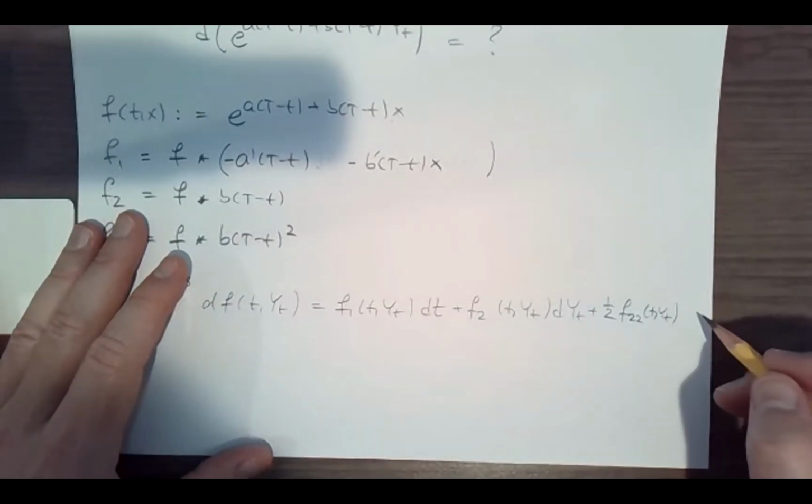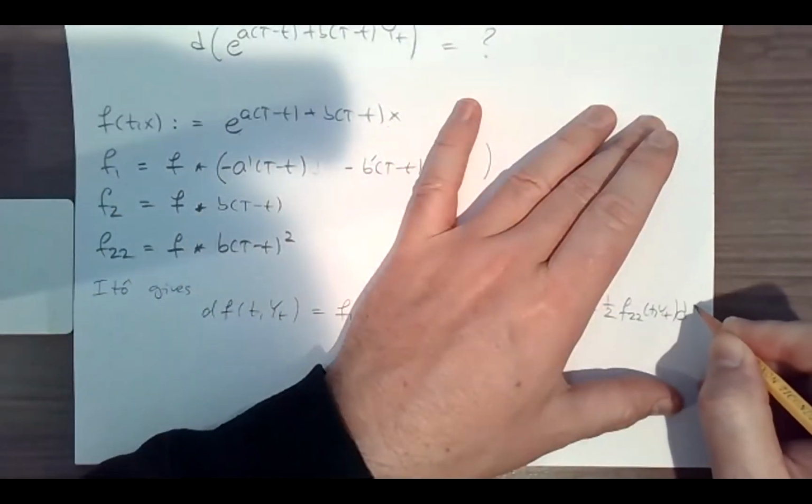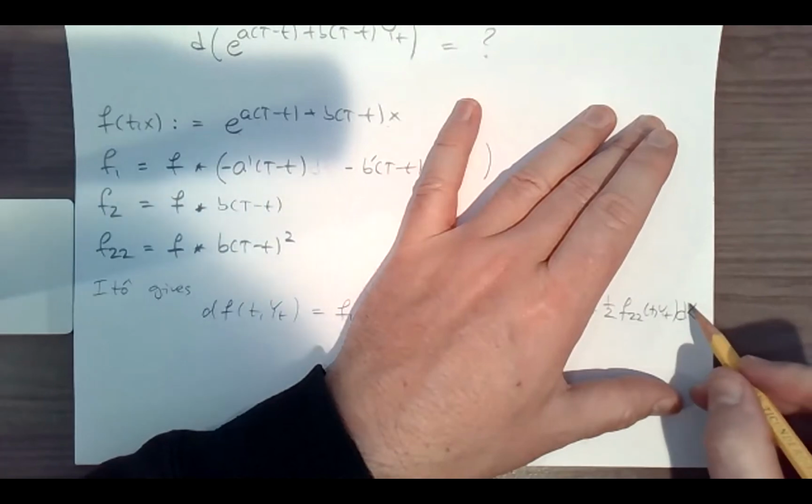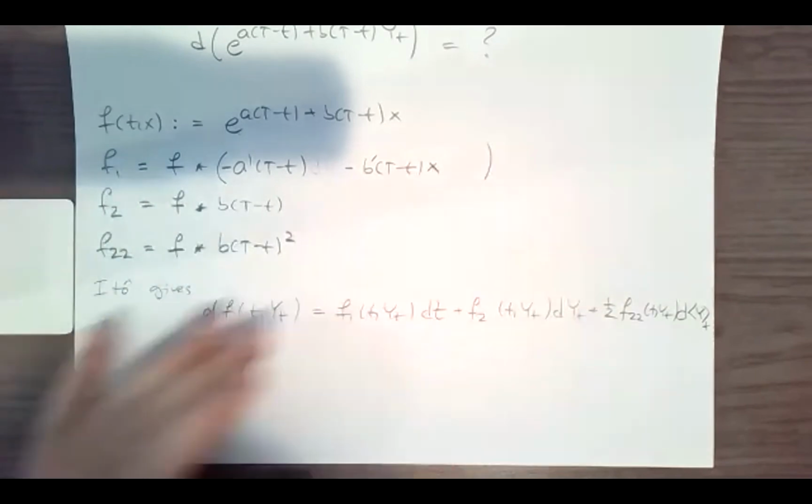I don't know how Professor Pham likes to write quadratic variation of Y. There are many ways to do it. The way that I favor is to write this as a d, and then these pointy brackets of Yt.